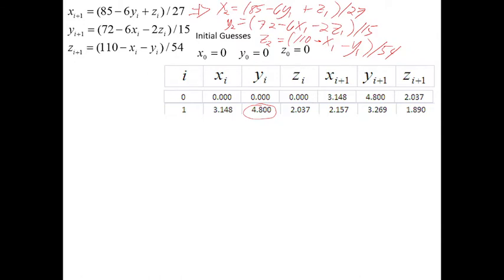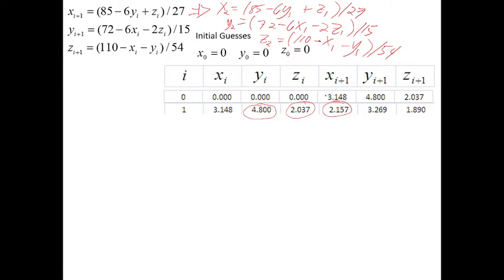So this is z1, 2.037, over 27. So we get 2.157. So that is x sub 2 now. i equals 1, so 1 plus 1 is 2. x sub 2 is 2.157.